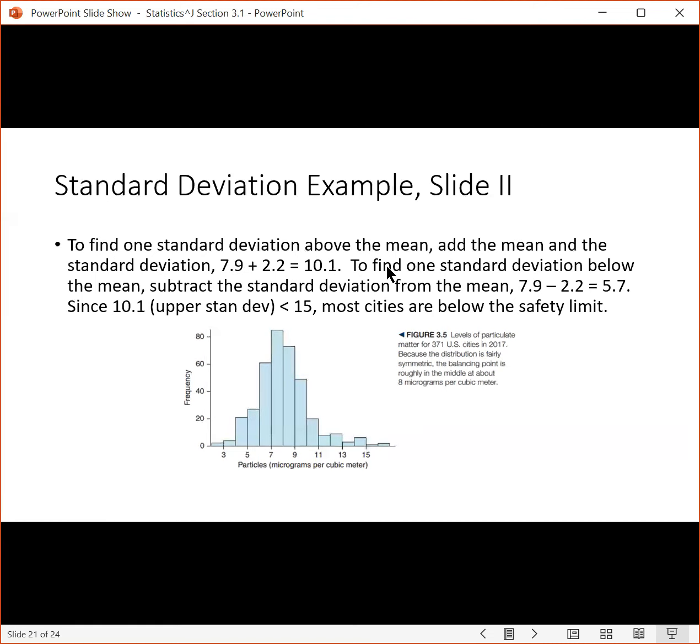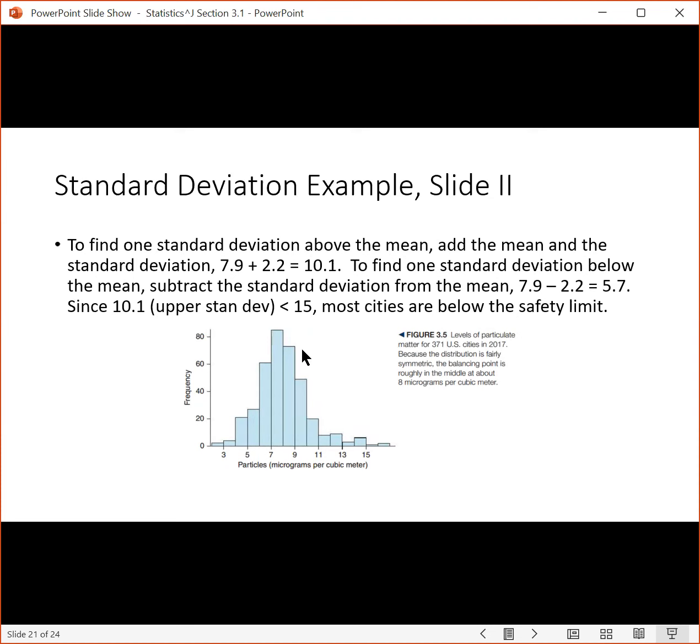To find 1 standard deviation below the mean, we subtract the standard deviation from the mean, which gets us 5.7. As far as the 15, notice that 10.1 is less than 15, so 15 is above the upper 1 standard deviation band.